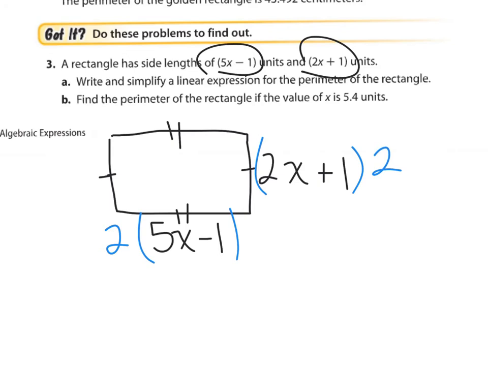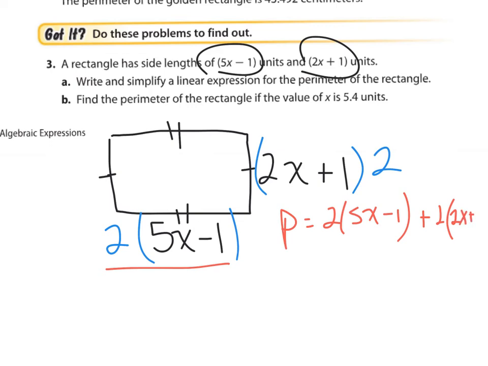Okay, so now write and simplify a linear expression for the perimeter of the rectangle. Okay, so it would look like this. Perimeter equals 2 times 5x minus 1, as I've pointed out here, plus 2 times 2x plus 1.